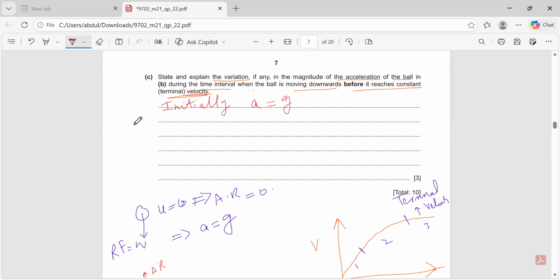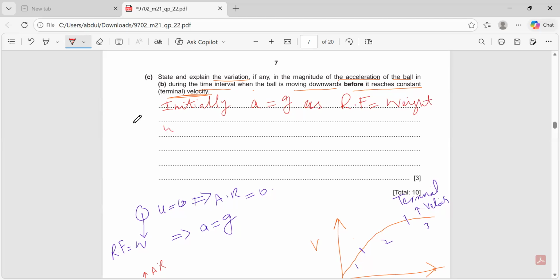Acceleration of the ball is equal to acceleration due to gravity, and I have written also there, the resultant force is equal to weight.